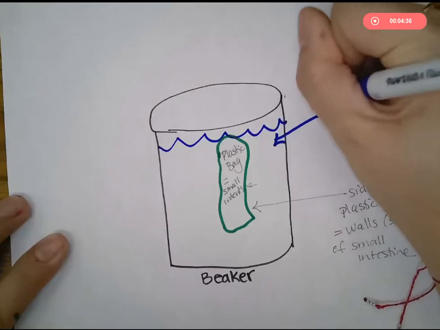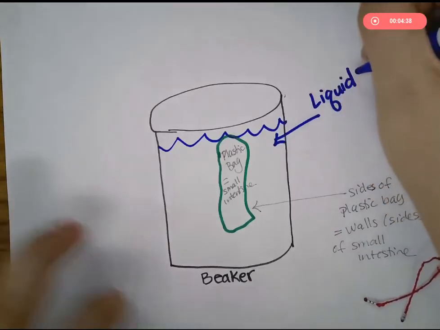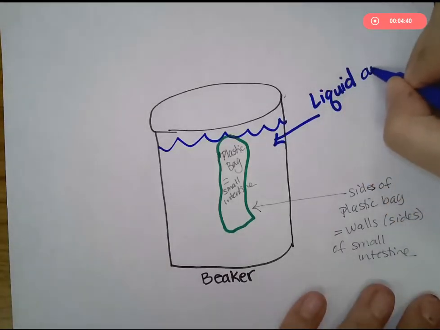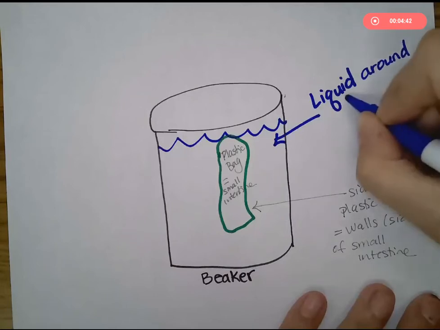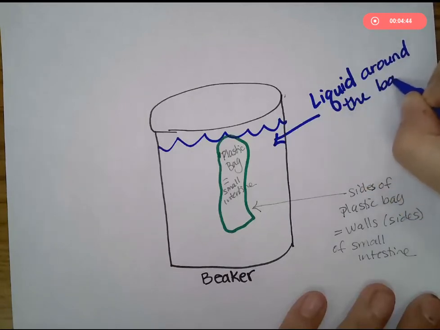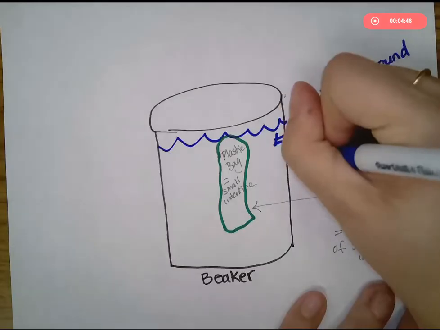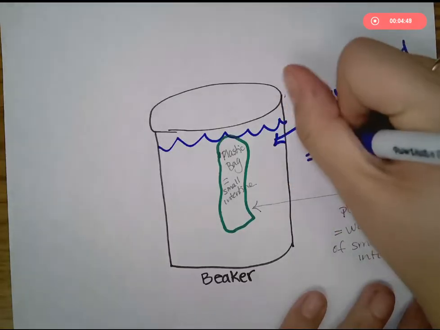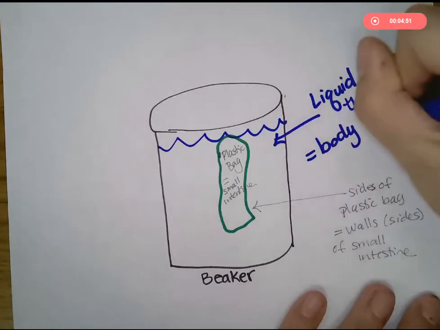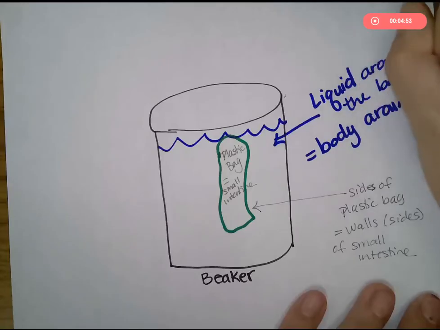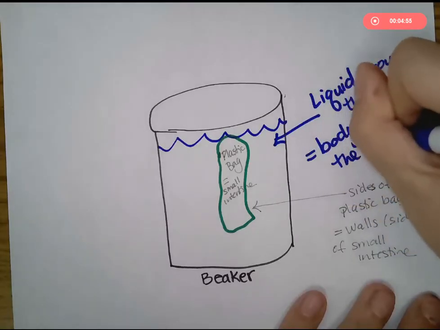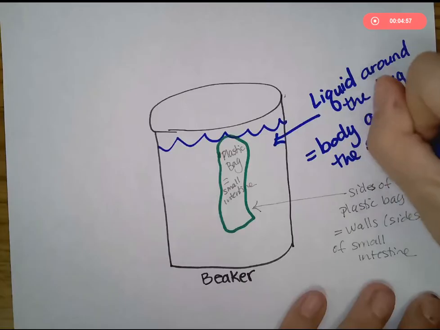So this is the liquid around the bag. And that's going to represent the body around the small intestine.